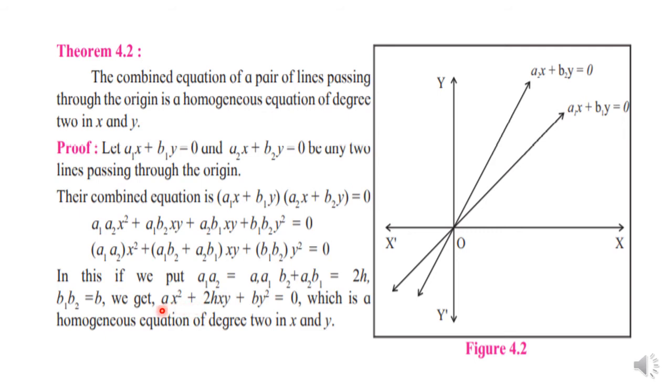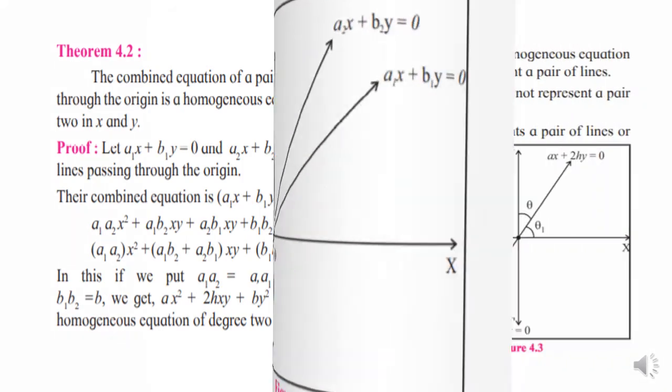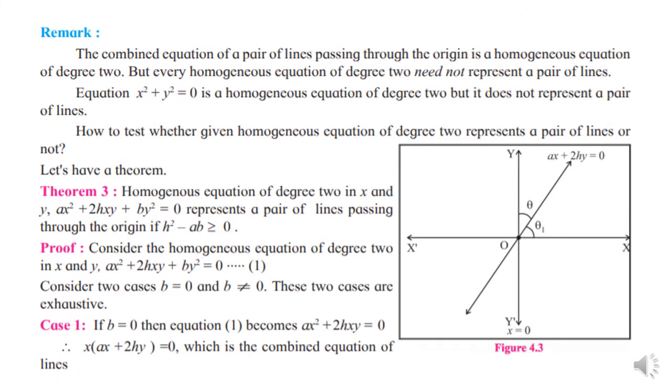Then we get a homogeneous equation of degree 2 in x and y, that is, ax square plus 2hxy plus by square is equal to 0. So thus we can say that the combined equation of a pair of lines passing through the origin is a homogeneous equation of degree 2 in x and y. So thus the theorem can be proved very easily.